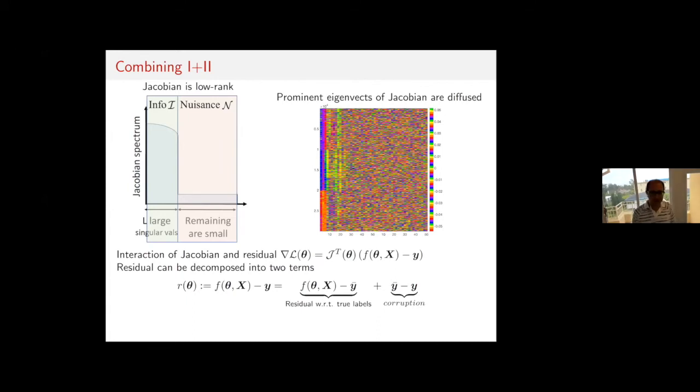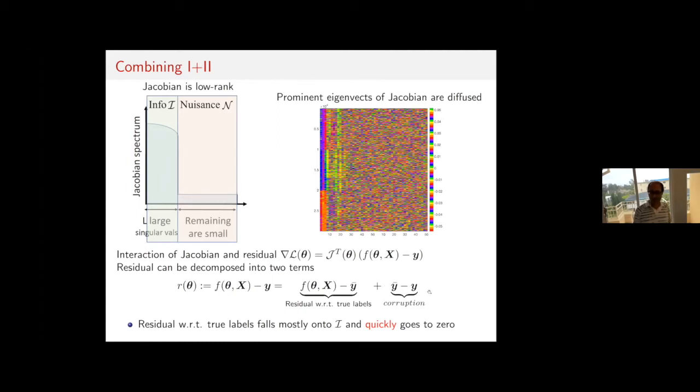What happens here is that as we run gradient descent, the residual with respect to the true labels goes down very quickly in the first iterations because this part is aligned with the top eigenvectors of the Jacobian. This second part, because the top eigenvectors are diffuse, is not correlated with the top eigenvectors at all.